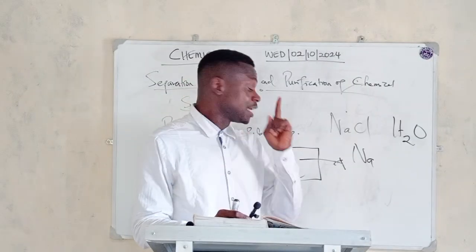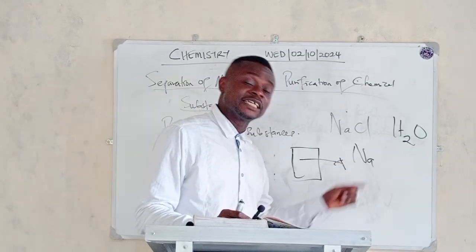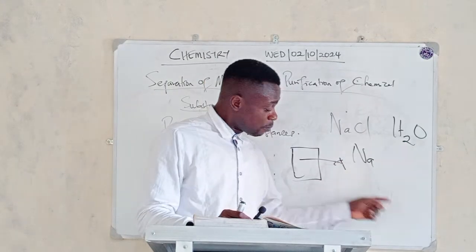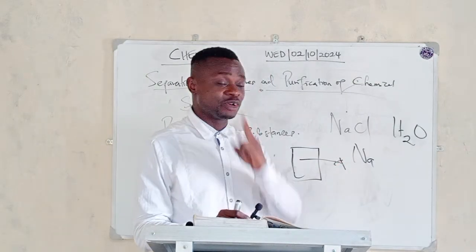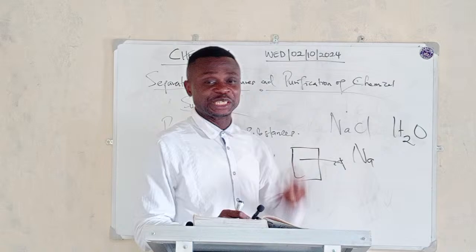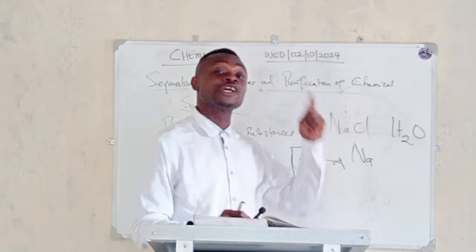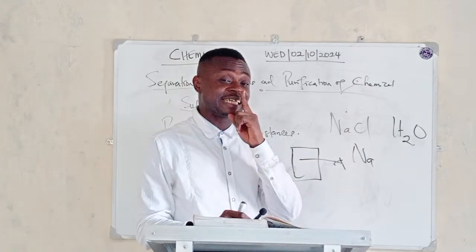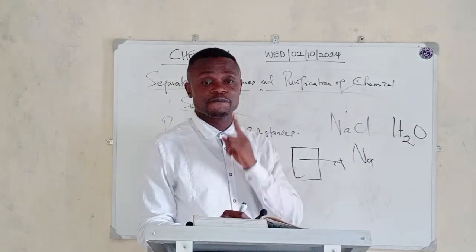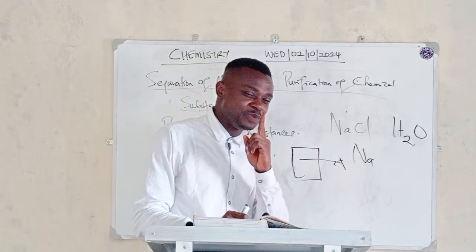If A is pure, it will boil at the standard boiling point of A. But if it has impurity, the temperature will increase above its boiling point before it starts boiling. If that happens, it is an indication that A has what? Impurities. It is a mixture, no longer a pure substance.